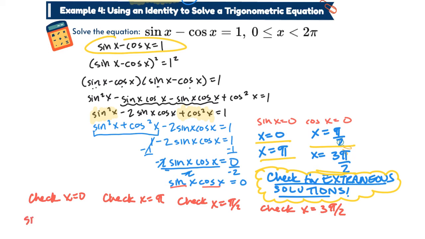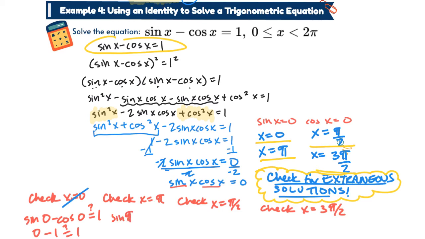So sine 0 minus cosine 0 equals 1. Well, sine 0 is 0. Cosine 0 is 1. Is that 1? Negative 1 is not 1. So x equals 0 is not a viable solution. That's false. Now let's check the next one.